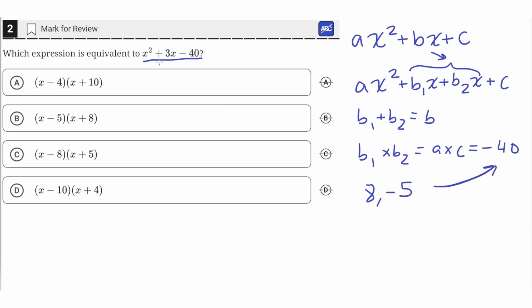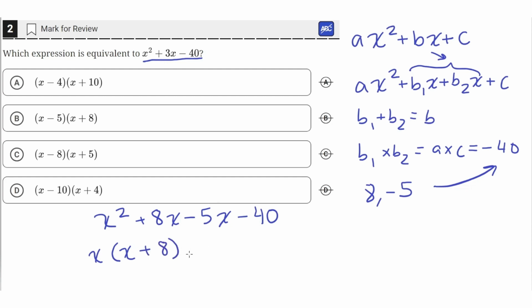So when we split the b term into 8x minus 5x, we are left with this: x squared plus 8x minus 5x minus 40. So then we can factor out an x from these first 2 terms here.